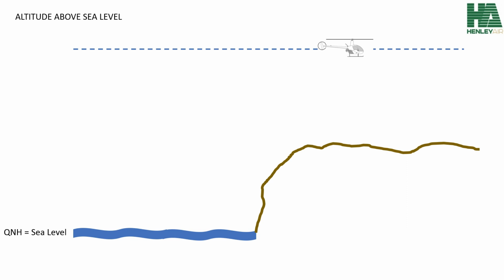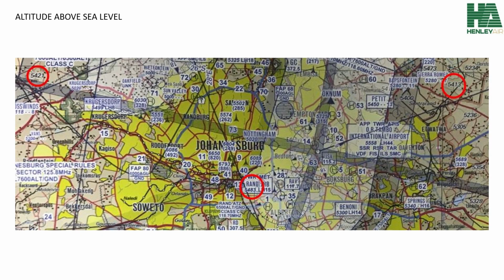In this example, if you are flying at an altitude of 6,000 feet, it means that what you're seeing on your altimeter is a reading from where you are all the way down to sea level. If you know the area where you're flying, for example Johannesburg, you will see I've marked a few spot heights.